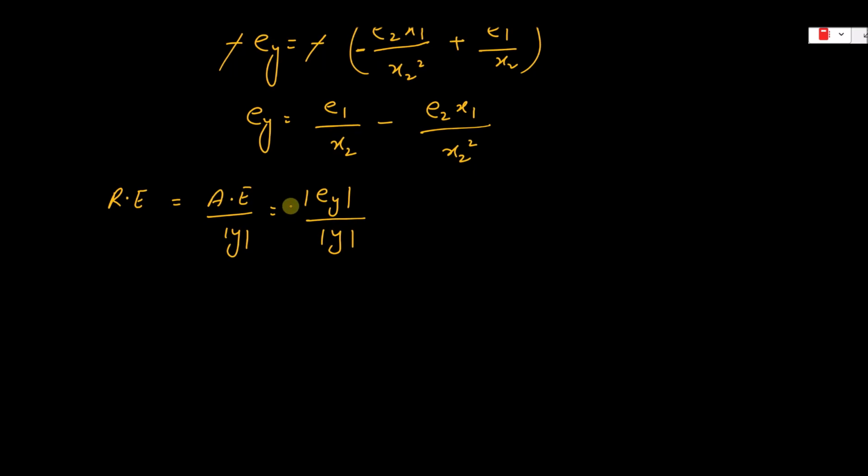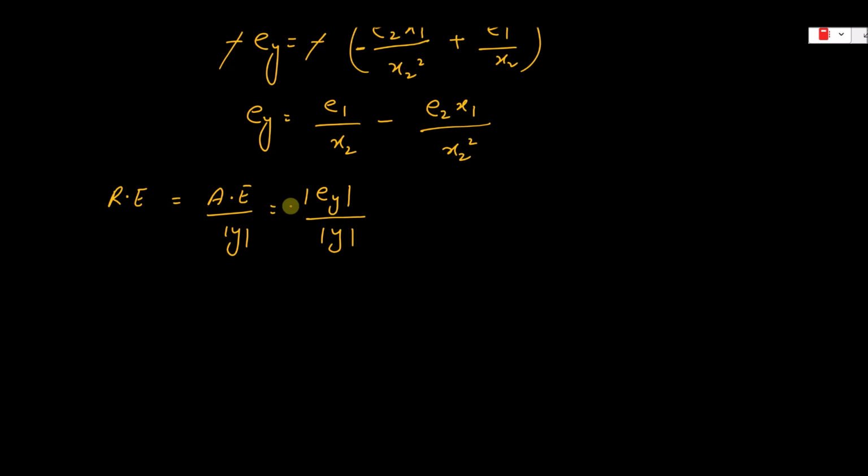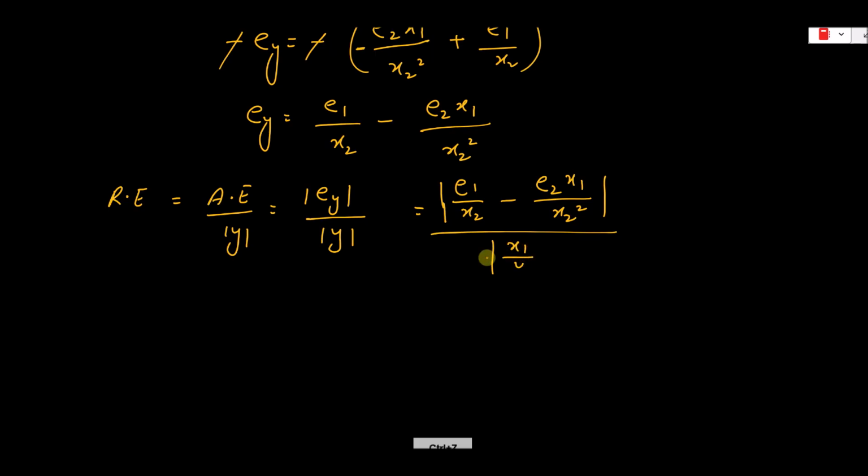So we are going to substitute back. So we know that ey is equal to e1 over x2 minus e2 x1 by x2 whole square, and in the denominator we have y, that is equal to x1 divided by x2.